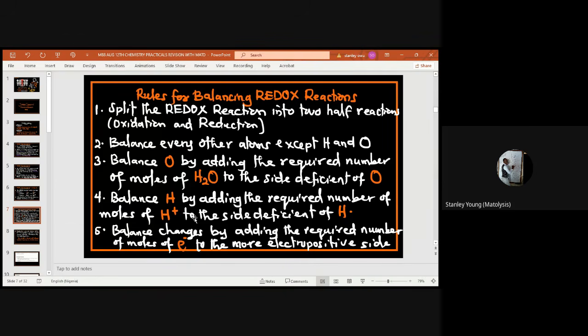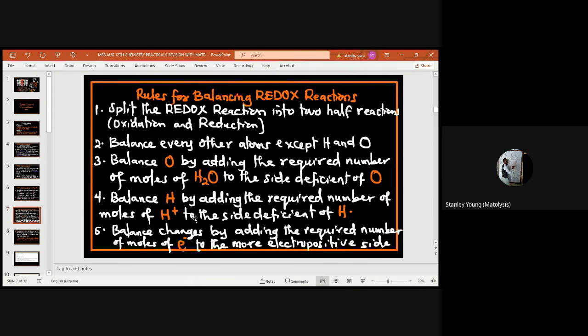One is going to be the oxidation, the other being the reduction. Next is to balance every other atom except hydrogen and oxygen.